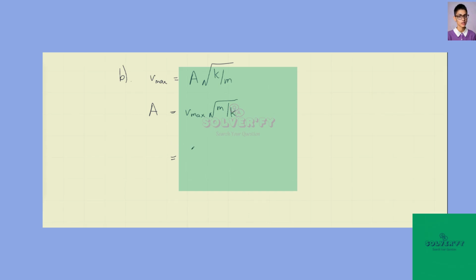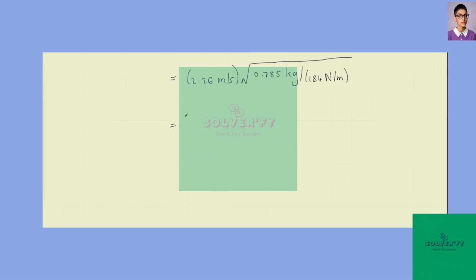If we substitute our values in, this is 2.26 meters per second times the square root of 0.785 kg over the spring constant, 184 newtons per meter.